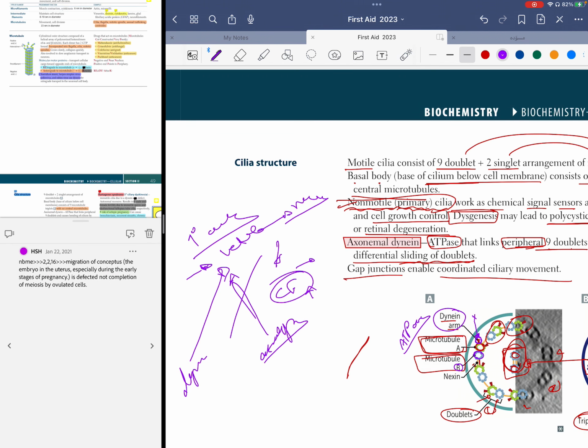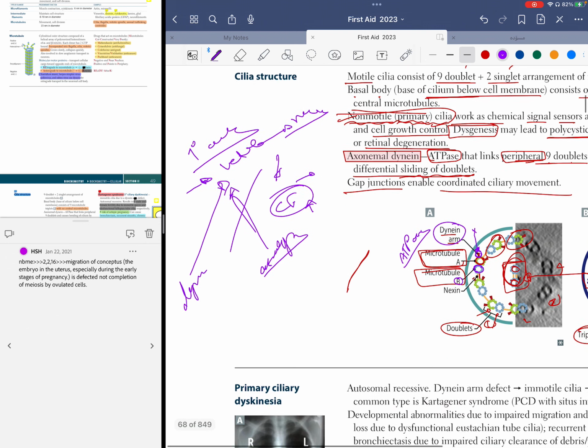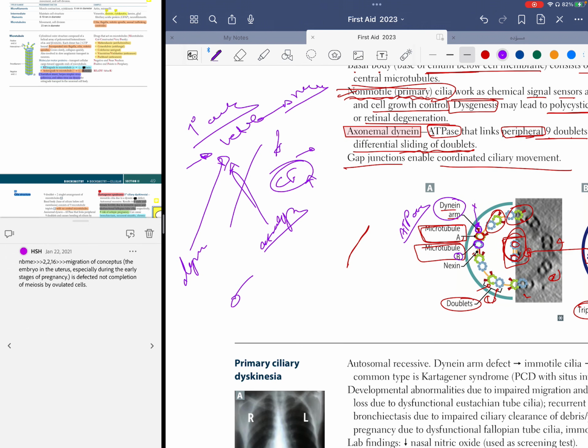We also have that in NBME: the migration of the conceptus, the embryo in the uterus, especially during the early stages of pregnancy, is defective, not completion of meiosis by ovulated cells. During reproduction, the ovulated cell needs to go through meiosis.